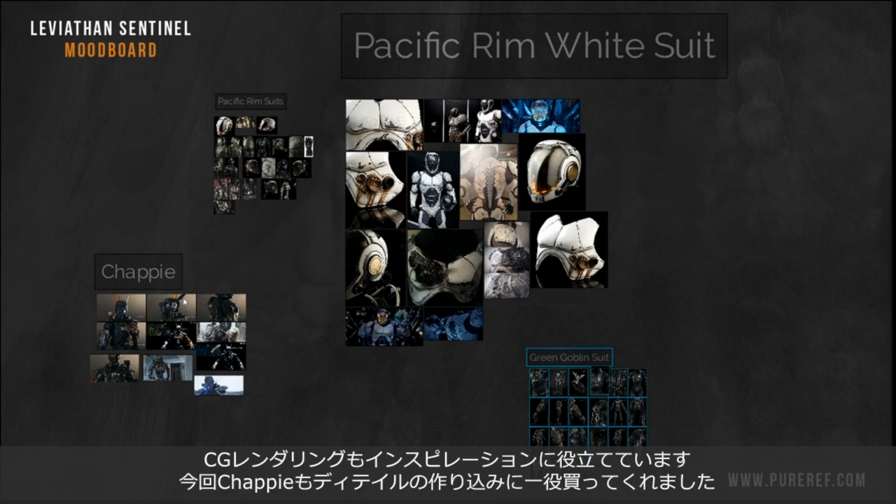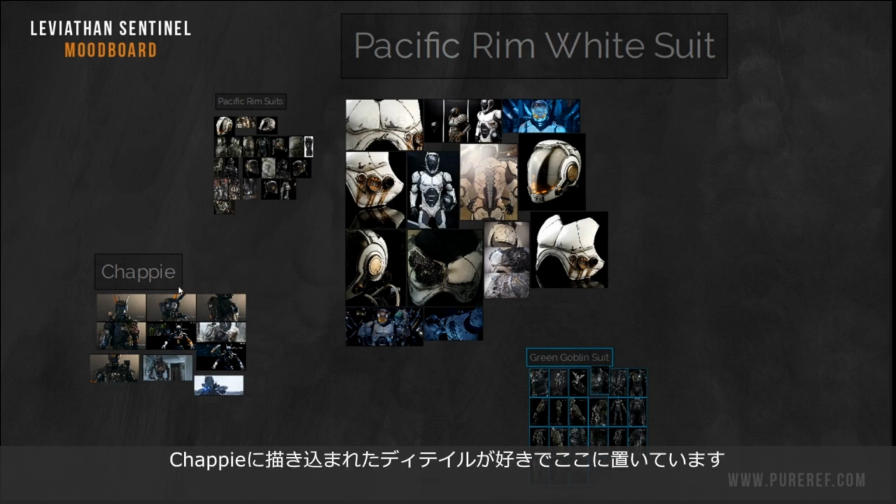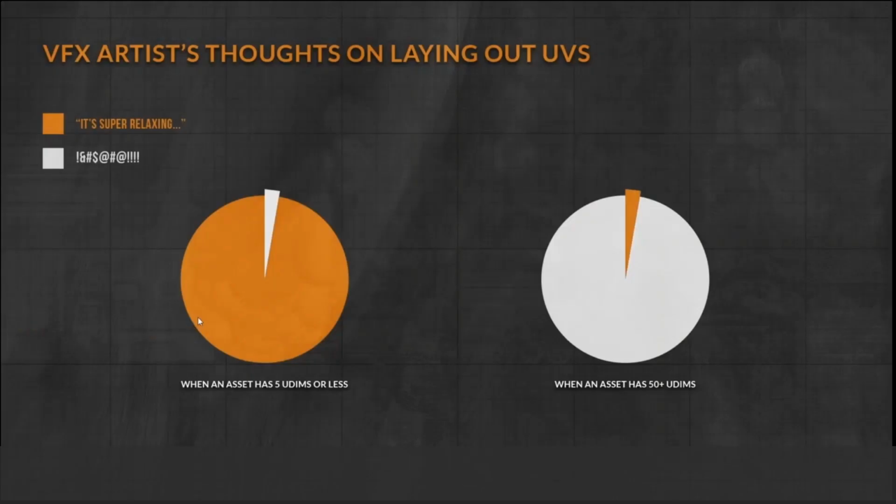I also like to have a CG render as my inspiration for the level of detail that I want to achieve. In this case, I had Chappie here, and I really liked the level of detail he achieved with his textures on this asset. So I just put it here as an inspiration for me.